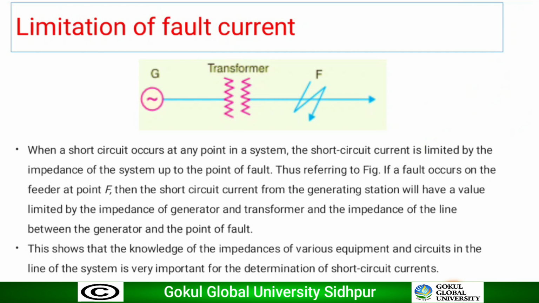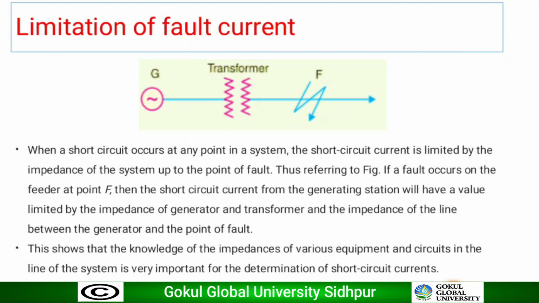In this figure we see that if a fault occurs on the feeder at point F, a symmetrical fault takes place at point F, then the short circuit current I short circuit is limited by the impedance of the transformer, the impedance of the generator and the impedance of the transmission line up to the fault, that is, the impedance of the transmission line between the generator and the point of the fault.